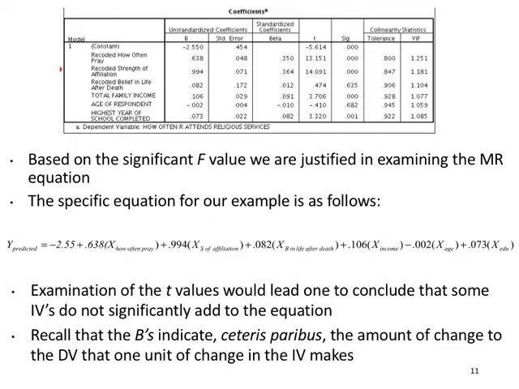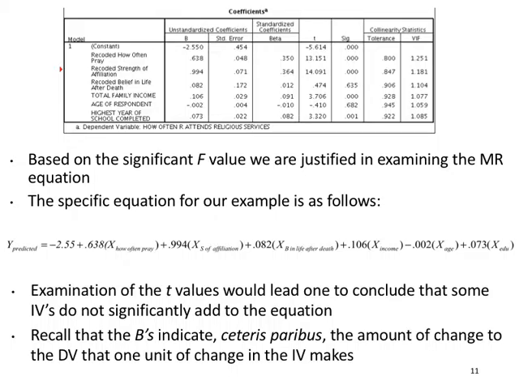If it was negative, and since it's positive, it means that a person who believes, and it's not significant, so we have to keep that frame of reference in mind. But in this case, it means that the person who believes in life after death attends religious service more, 0.082, than somebody who doesn't.